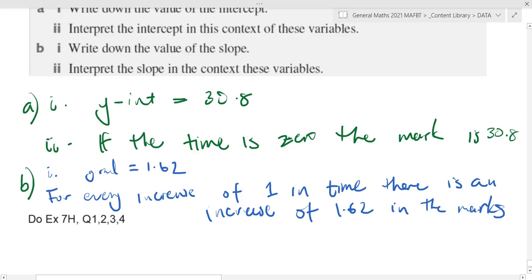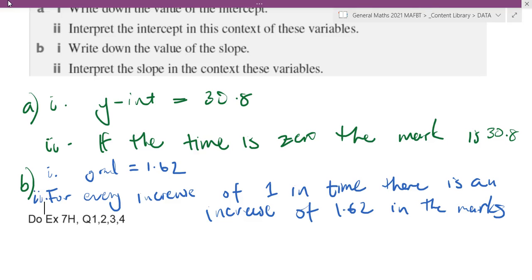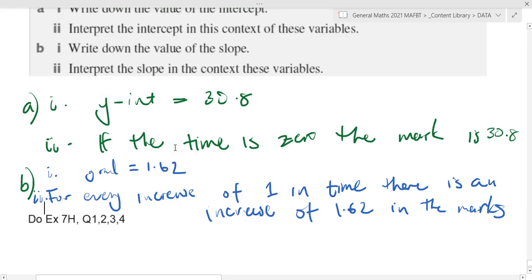If you just write y-intercept is 30.8, that would only get you like half a mark. But if you wrote the whole sentence, I will give you full marks. Alright, are there any questions with that, guys? No questions? Alright, so that's basically it.